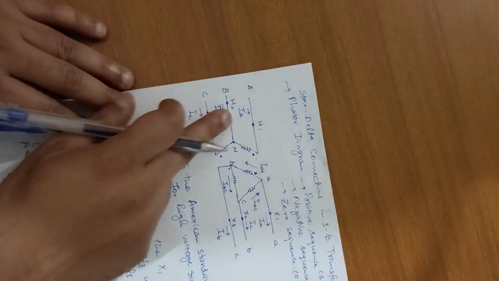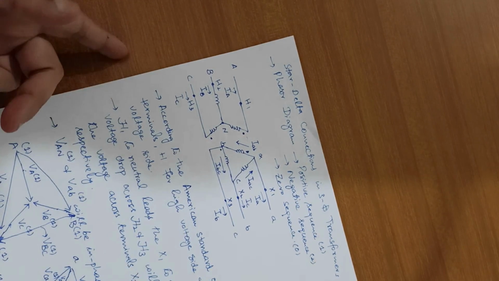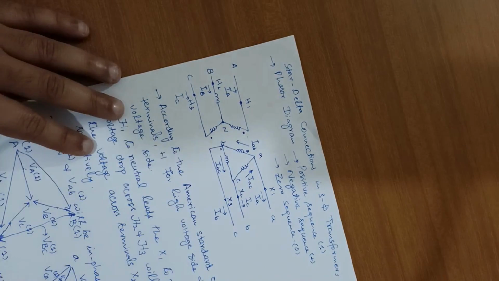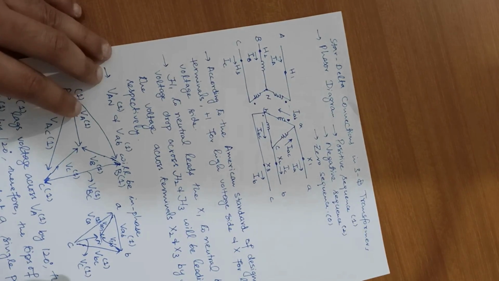As you know, now VAN will become VA2, and this VAB will become VAB2. How will it become VAB2?